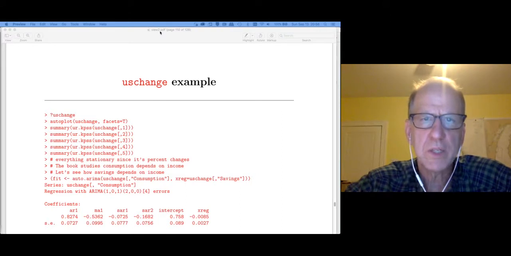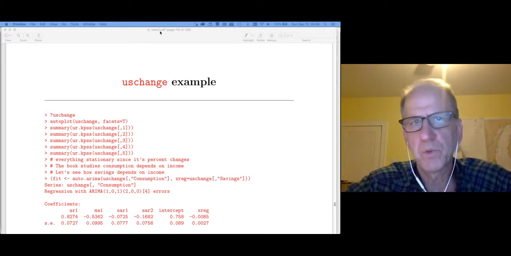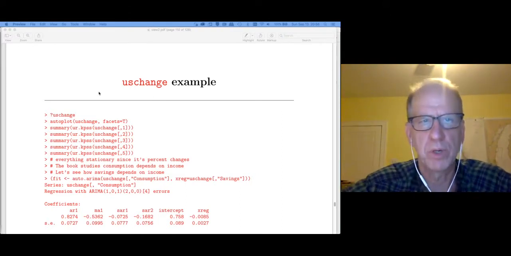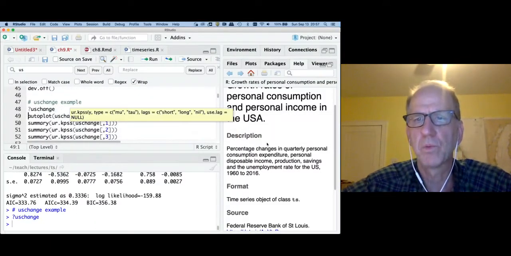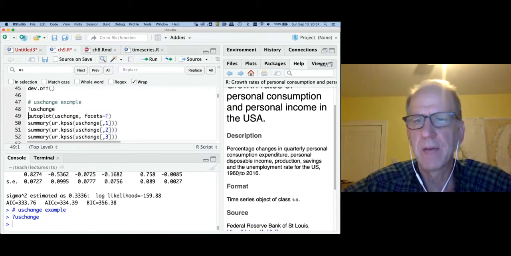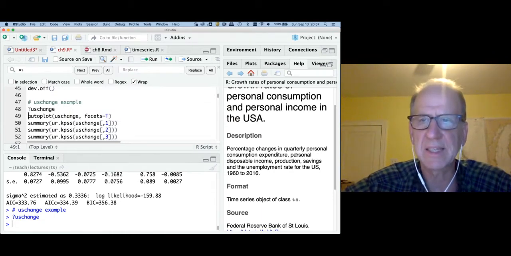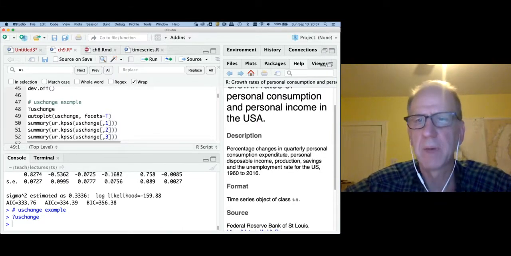This is the US change data set that comes with the libraries in our book. So let's go over to R and take a look at it. If we look at the help page, what we see is that we have economic time series from 1960 to 2016. These are some commonly studied variables in economics, things like personal income, consumption expenditures, production, savings, and the unemployment rate.